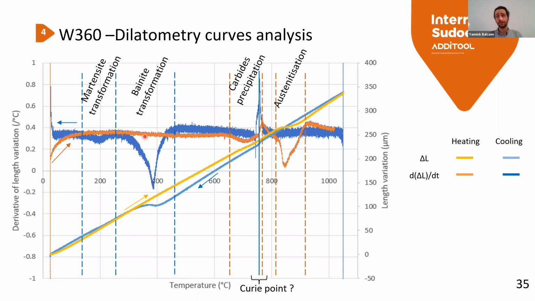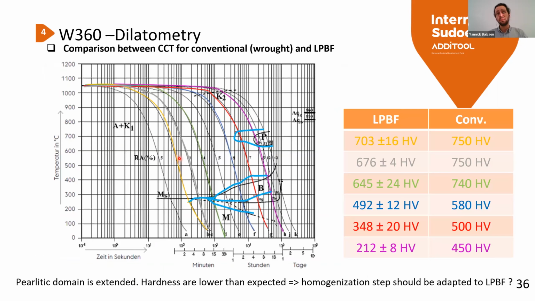So we use derivative data for understanding these transformations. So using different cooling rates and comparing to the conventional CCT diagram of this alloy, we can observe that we have very few modifications on martensite transformation.